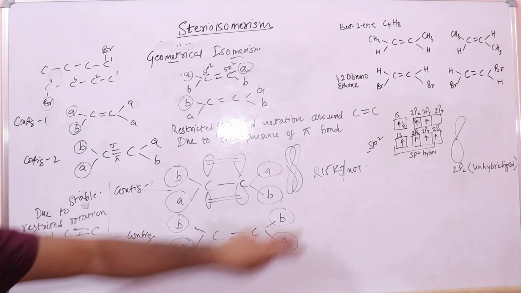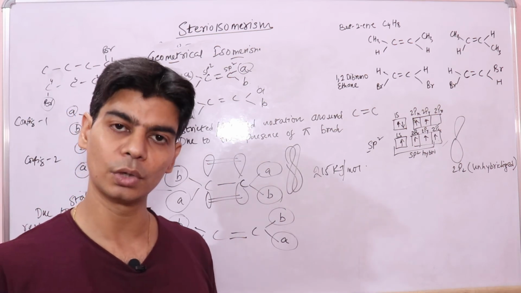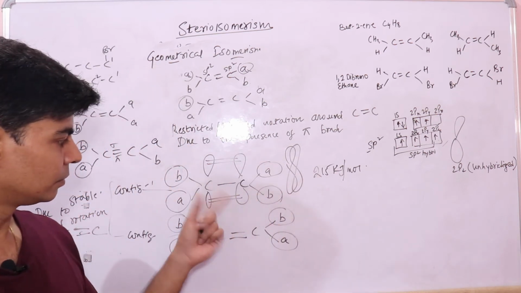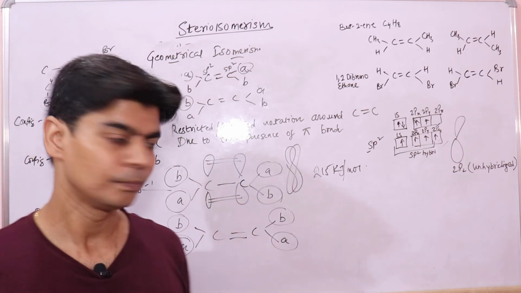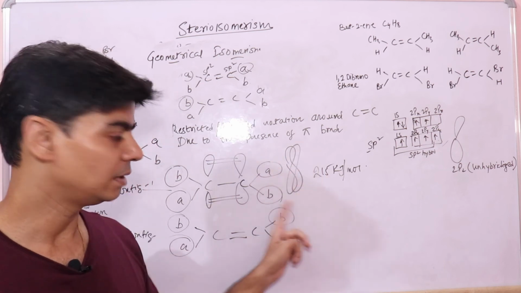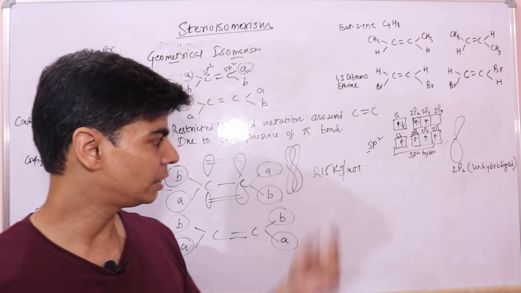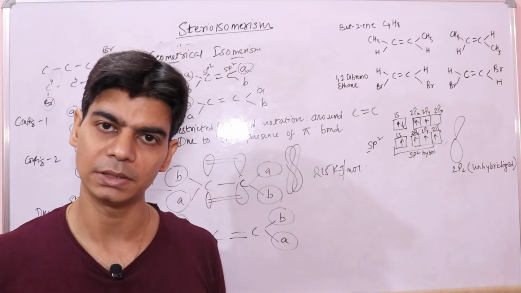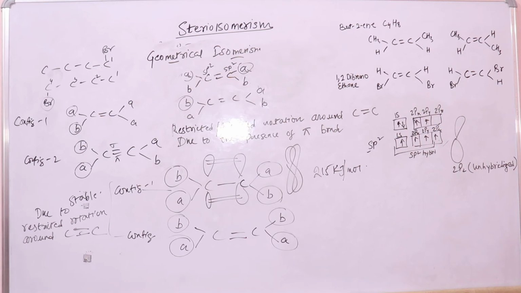Due to the presence of this pi bond, because if you have to rotate around this carbon carbon double bond, this will lead to the rupture of the pi bond. Rupture of this pi bond requires 215 kilojoules per mole of energy, and normally this much energy is not available, so the rotation is hindered.